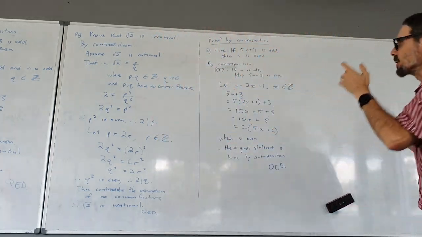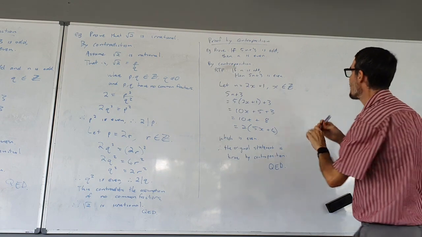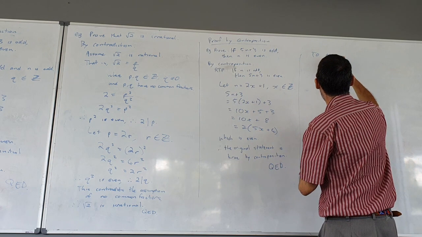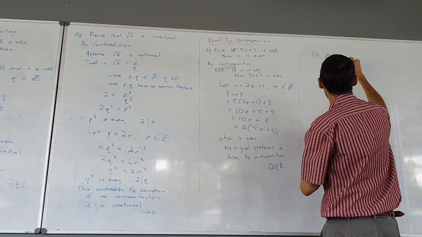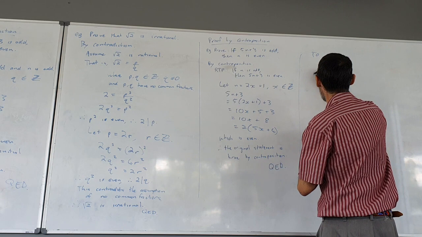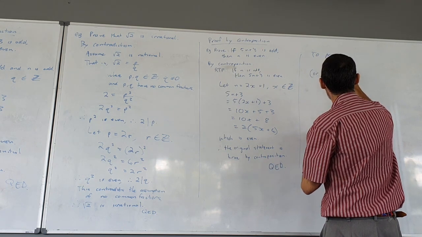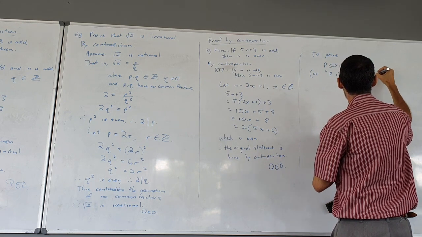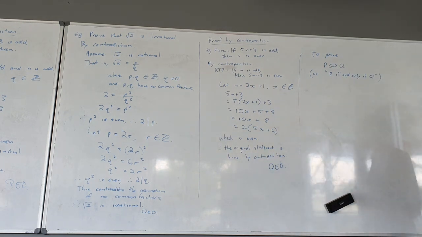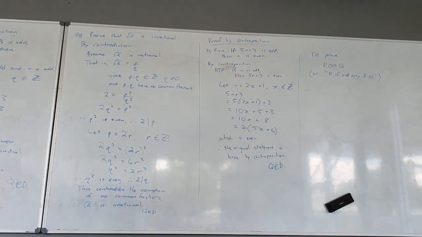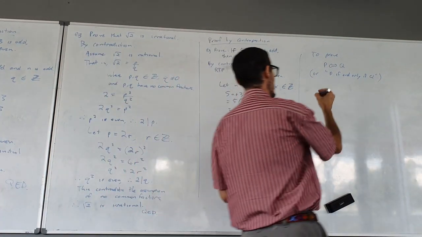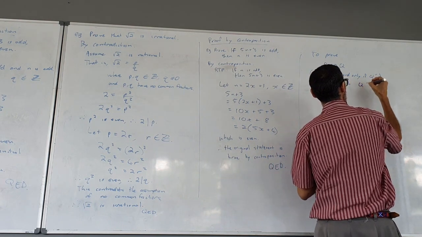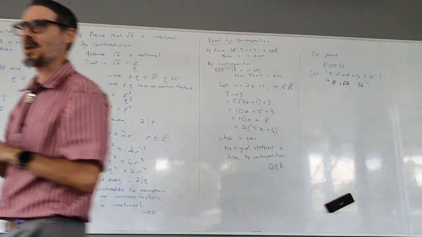If you have to prove an equivalence, to prove p is equivalent to q, or p if and only if q, which, by the way, we often write with a special notation, p iff q. Two f's means if and only if.